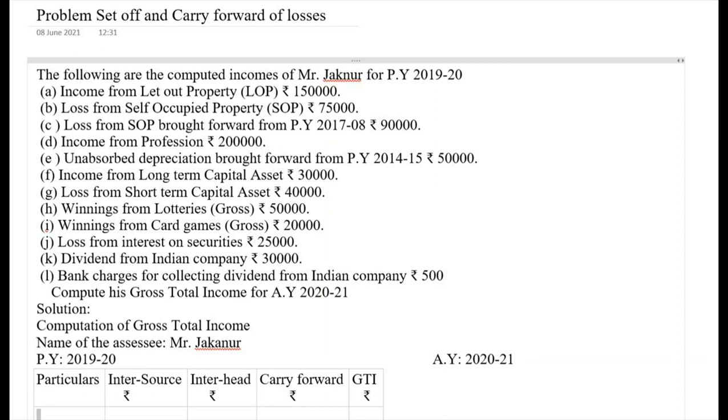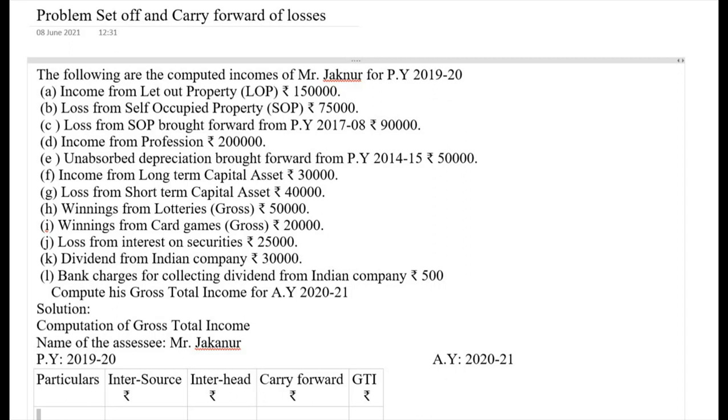So now first let us discuss here. Income from LOP is given as rupees 1,50,000, and we have got a loss from SOP for this year, as well as a brought forward loss from SOP. While adjusting the losses, first we should adjust the brought forward loss, because it can be carried forward for a maximum of only 8 assessment years.